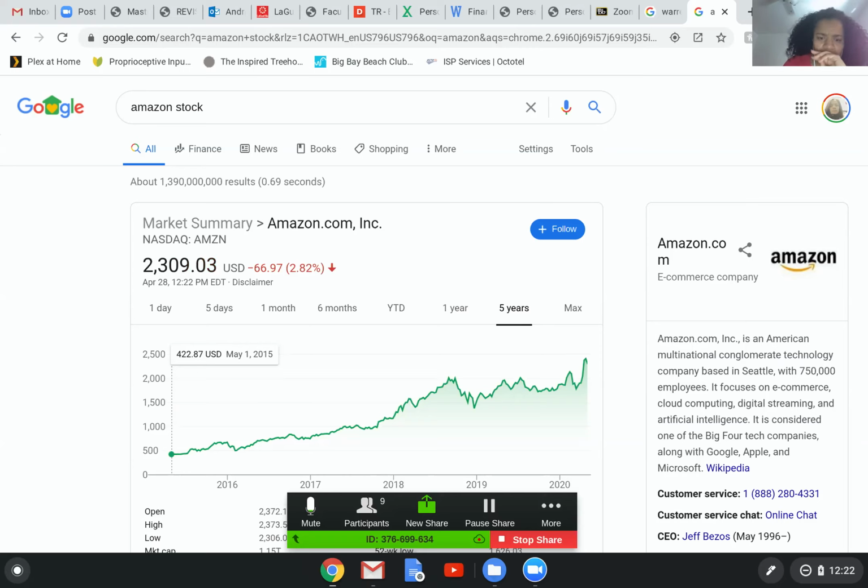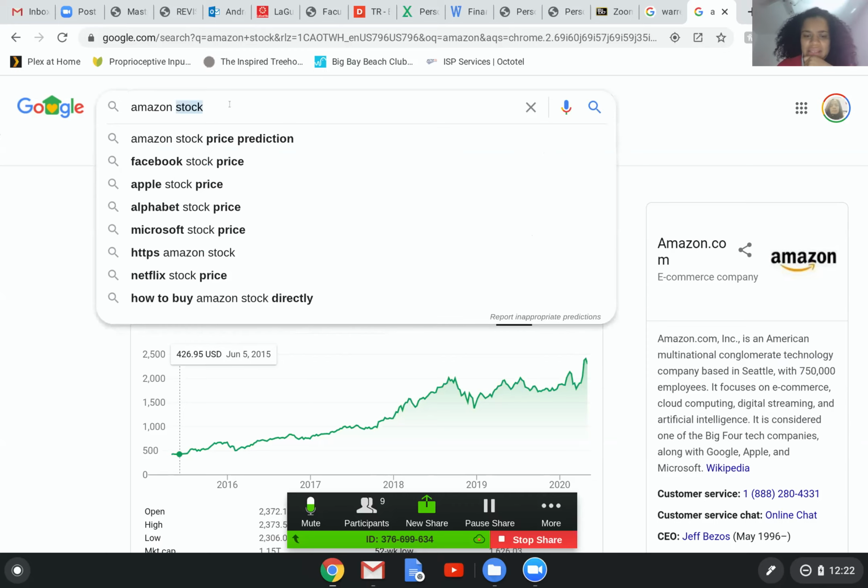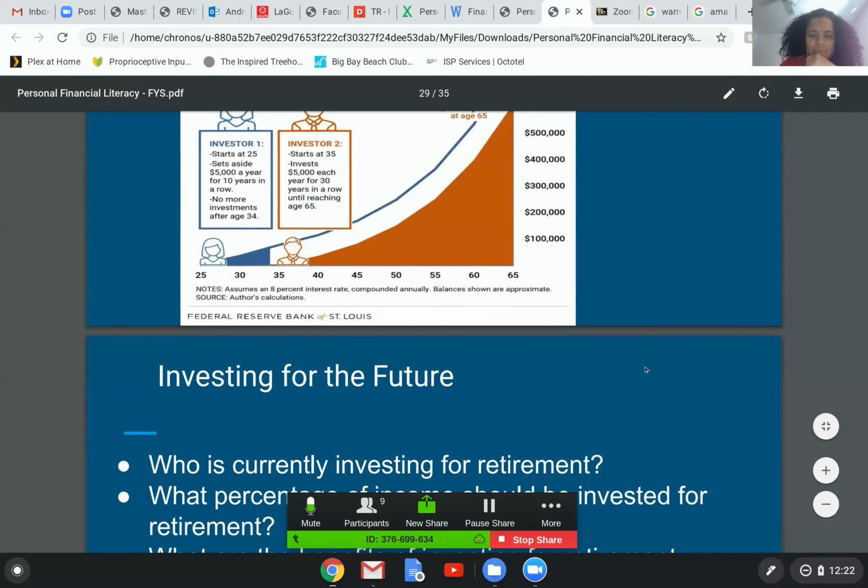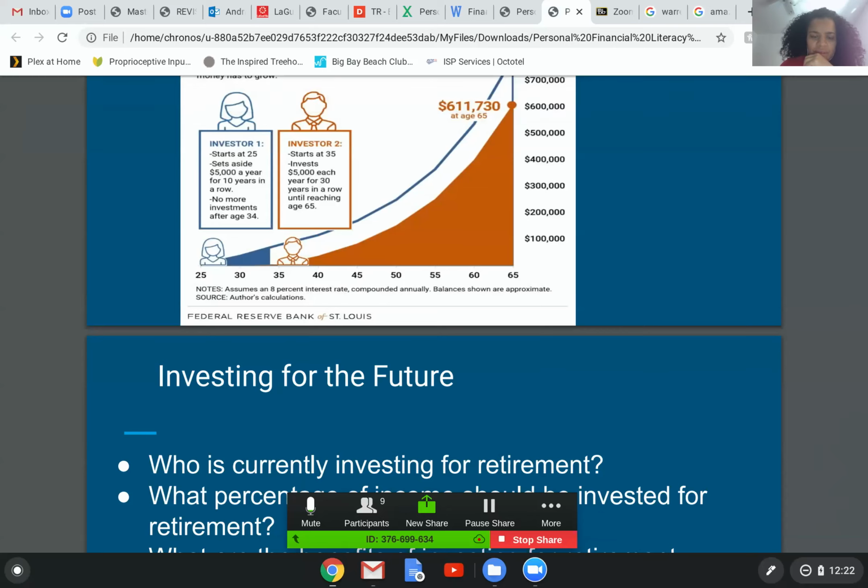However, if you say, okay, I may not be able to invest in Amazon or Google directly, then you can ask whether there is another instrument, another way to invest in these companies without actually buying the specific stock.